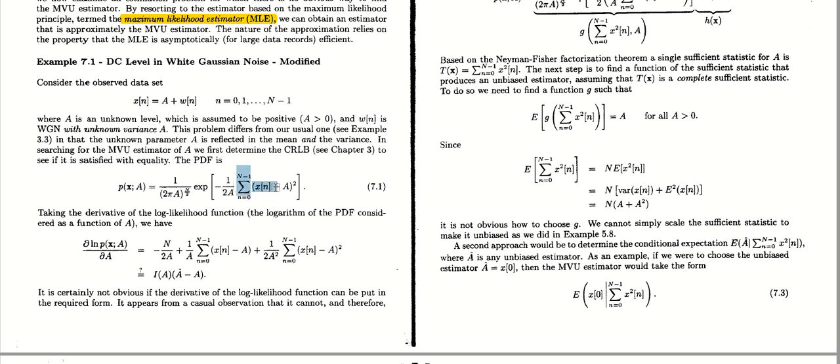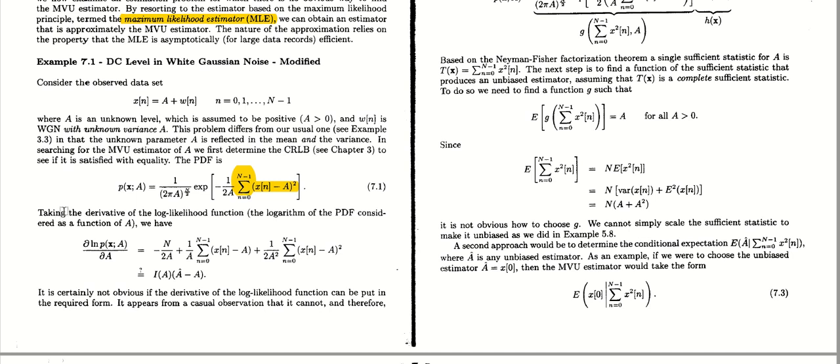This summation comes from the Gaussian distribution with multiple samples. If you have a single sample, then there is one exponent. You have multiple, you multiply multiple exponents, and in the exponent, the multiplication becomes summation. So you get this summation.